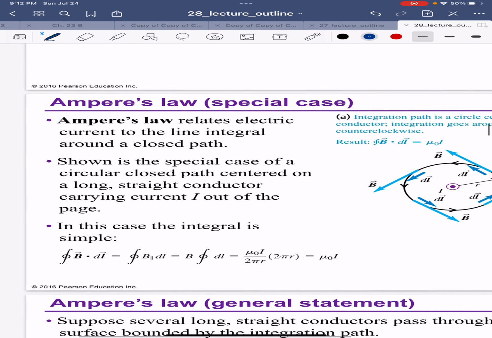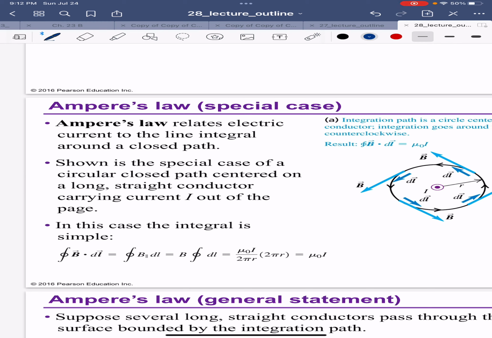Then we will have B parallel to dl, because we will have the components in the direction of dl, and when we integrate dl here, it is going to give us 2 pi r, and B is mu 0 I over 2 pi r, and from that we're going to get mu 0 times I.